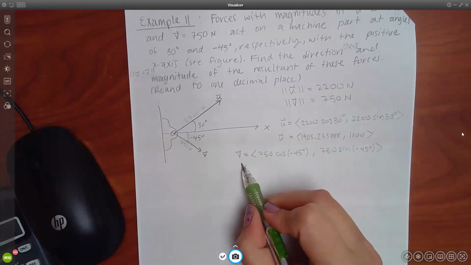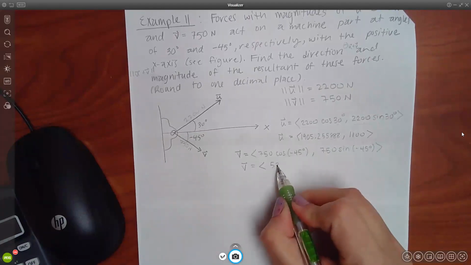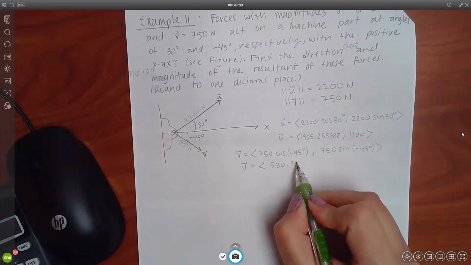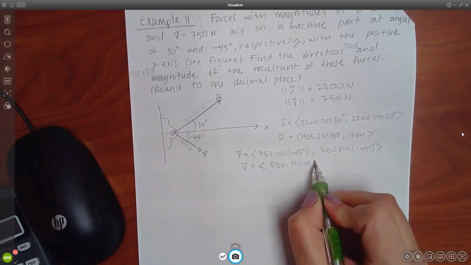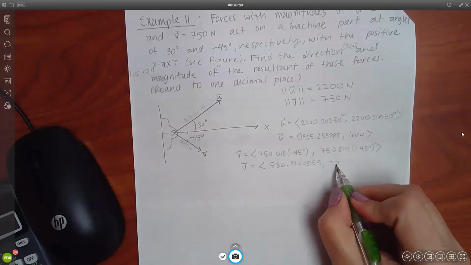I'm just going to plug those in my calculator and see what I get. So negative 45 and cosine of that times 750. And then negative 45 sine of that times 750. I get negative.